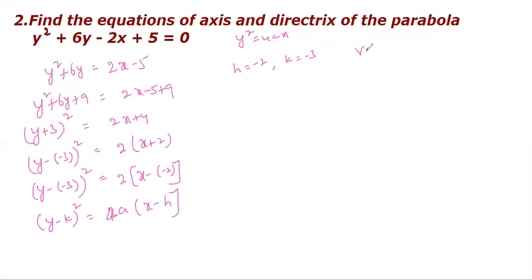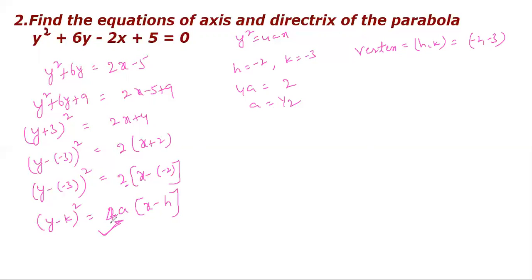Therefore vertex equals (h, k), that equals (minus 2, minus 3). And next, 4a equals 2, so a equals 1 by 2. This is nothing but (y minus k) whole squared equals 4a times (x minus h).